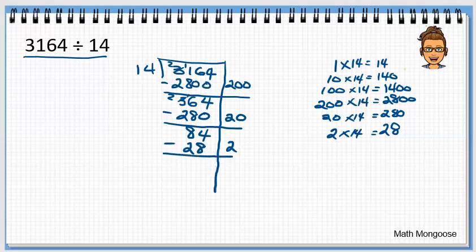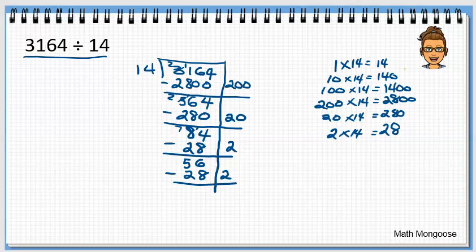So when I subtract 28, 4 minus 8 you cannot. You borrow over here, 7. That's 14. 14 take away 8 is 6. 7 take away 2 is 5. So we're left with 56. I'm going to continue on. I'm going to take out another 2 groups of 14, which is 28. We take out 28 here.